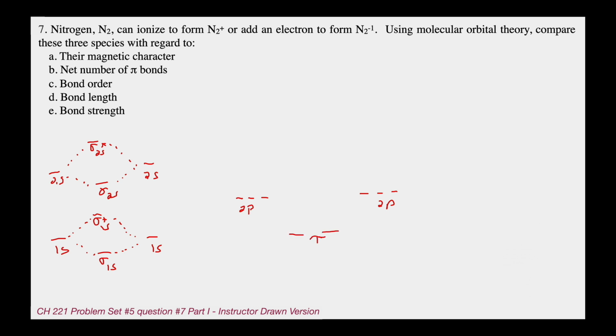The pi 2p's are lower than the sigma 2p's, but the pi stars are the same and the sigma star is the same. So notice here, it's like a 2-1, 2-1. That's what I was referring to. Pi 2p is lowest now, followed by sigma 2p, then pi star 2p, sigma star 2p.